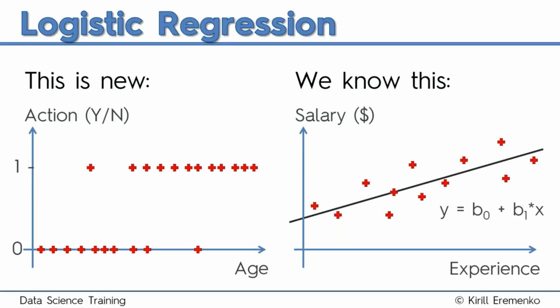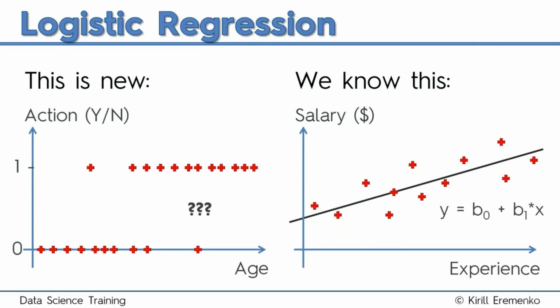And it's very black and white, very different. Even though this is not what we're expecting, intuitively we can see that there is some sort of correlation. We can see that the observations on the bottom are a bit more to the left, and observations on the top are a bit more to the right, implying that older people are more likely to take action based on this offer, and younger people are more likely to ignore it.